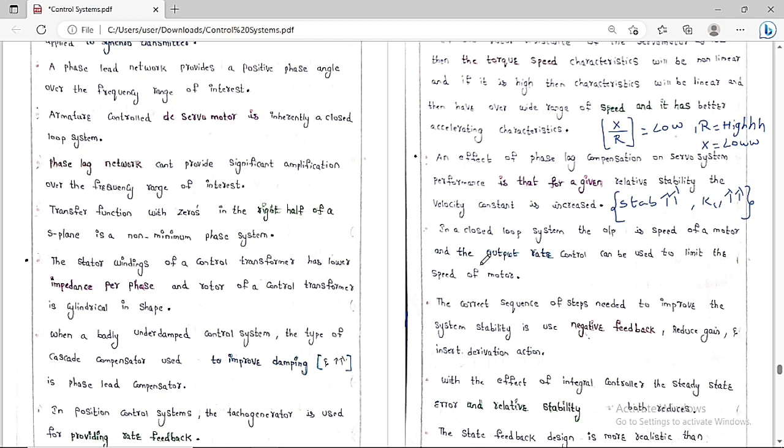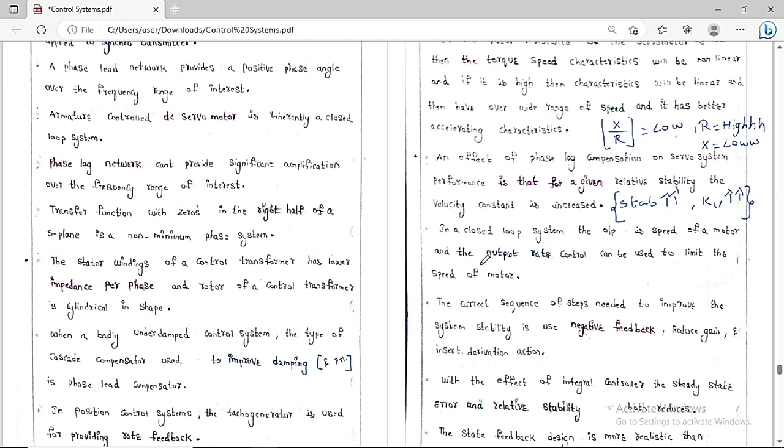The next point is that the correct sequence of steps needed to improve the system stability is to use negative feedback, reduce the gain, and insert the derivative action.